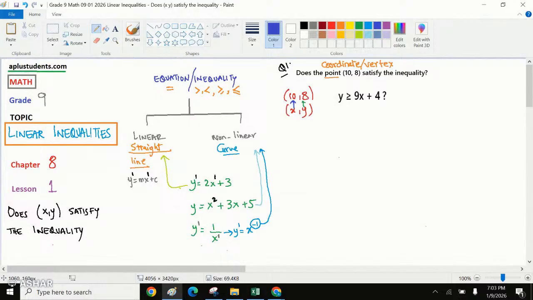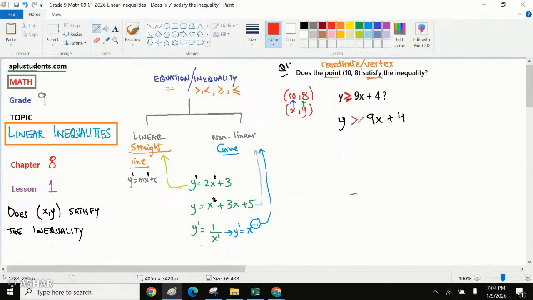Whenever we need to check whether this is satisfying, we need to substitute. What is the sign we have in the middle? This sign over here, right? We can read this inequality as y is greater than or equal to 9x plus 4. When we need to check whether this is satisfying or not, we need to substitute the values of x and y, and the answer should come out the same.